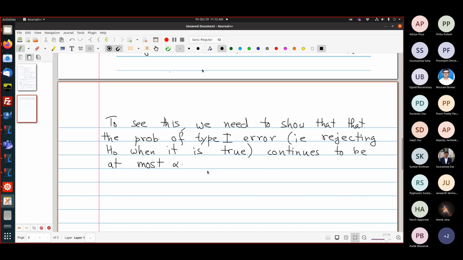Right? So that's all we need to show. I mean, that's how we define the critical region, remember?